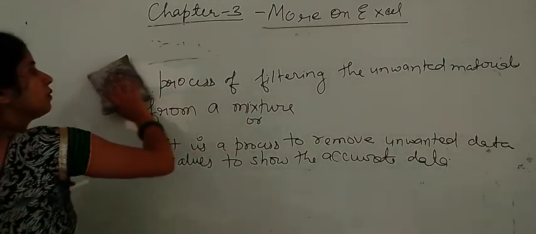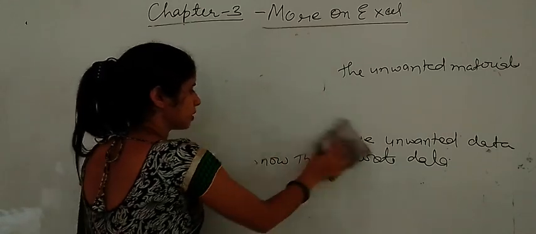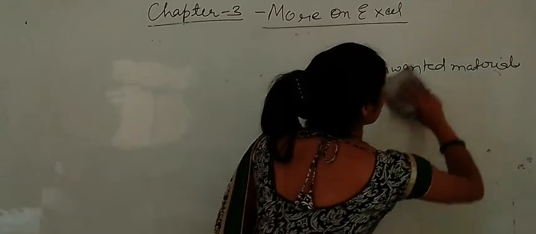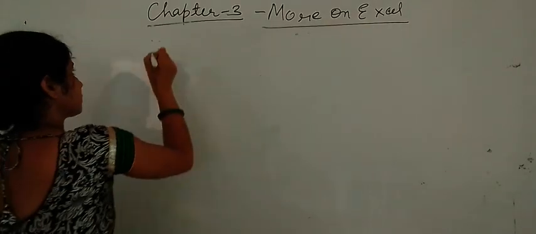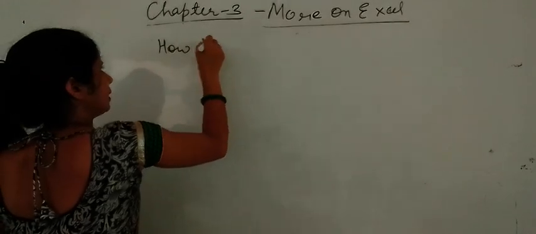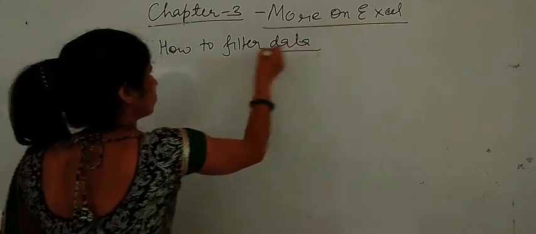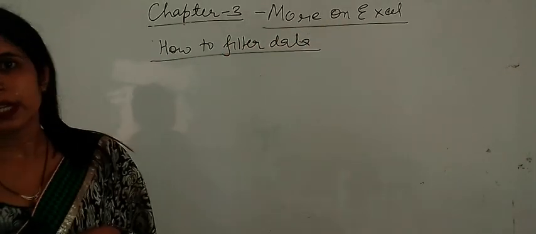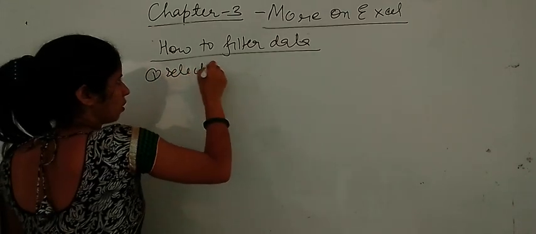Then how can we use the filter option? So for this also we should follow a few steps, and what are the steps that I am writing here? Suppose it is how to filter data. So to filter any kind of data, at first we have to select the range of the columns.